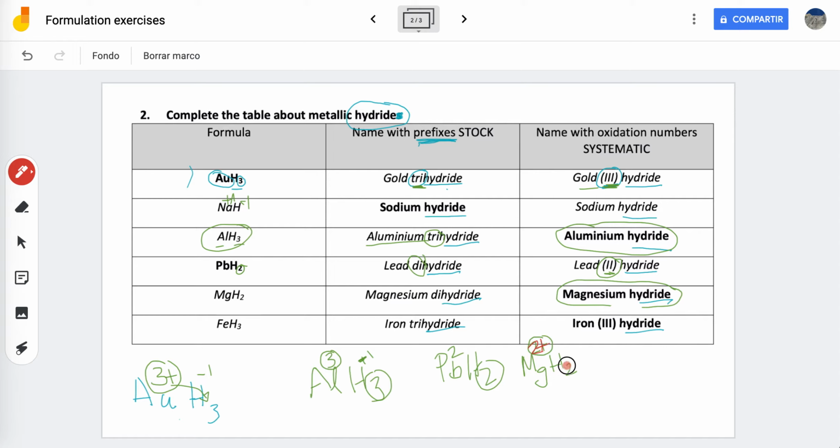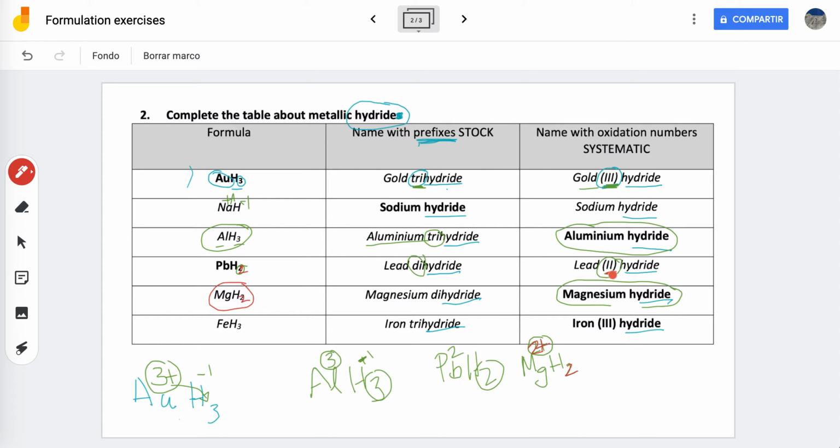That's why we write 2 beside the hydrogen. Magnesium has only 2 as an oxidation number, that's why we don't put it here. Why do we put the 2 in lead? Because lead has more oxidation numbers. So the reader must know that in this case lead has 2 as an oxidation number.